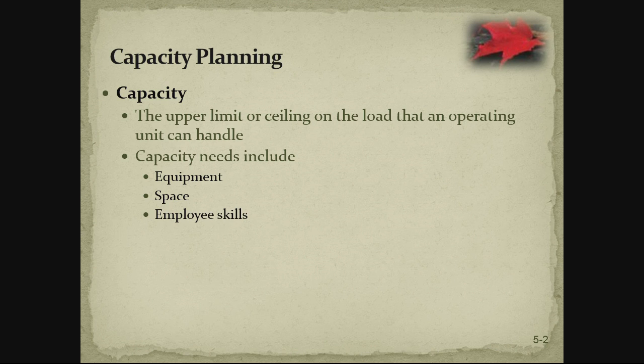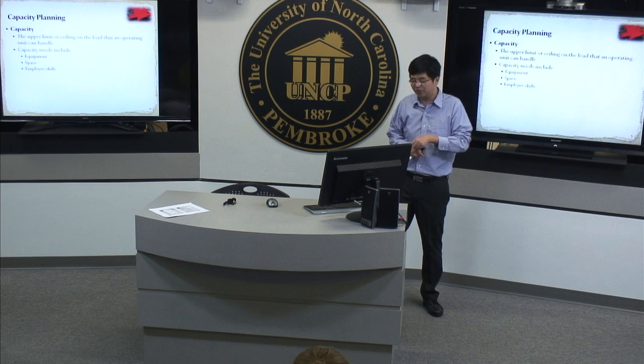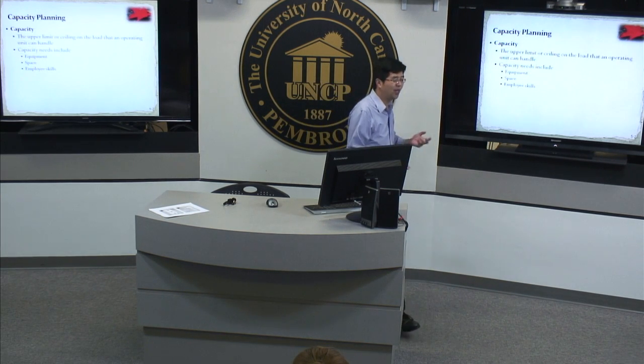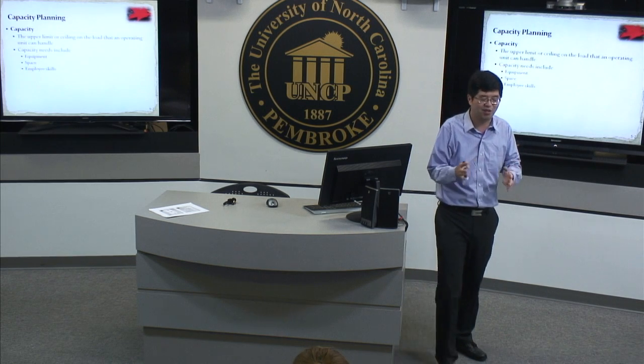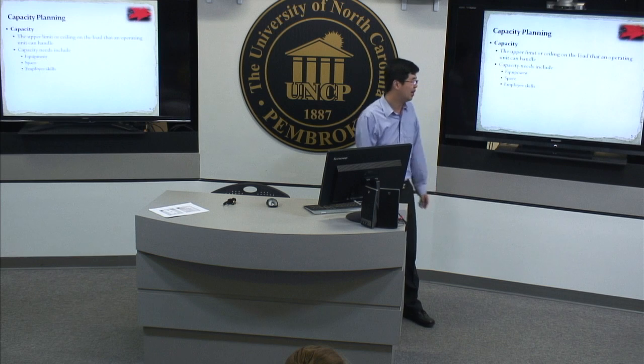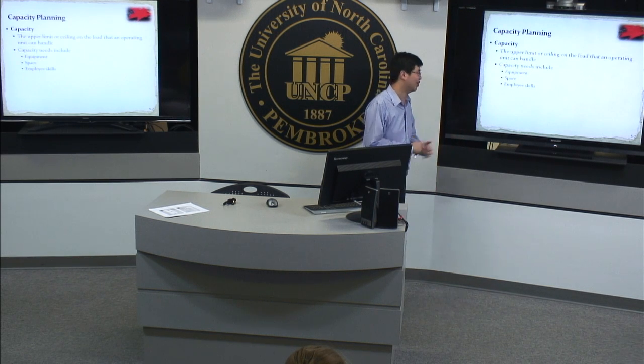Equipment, space, right? And also employee skill. So employee skill depends on how many employees you have and the quality of your employees, right? That's important because some people, one very good employee, can be counted as 2 employees. Some other employees maybe are not so good or need some training.